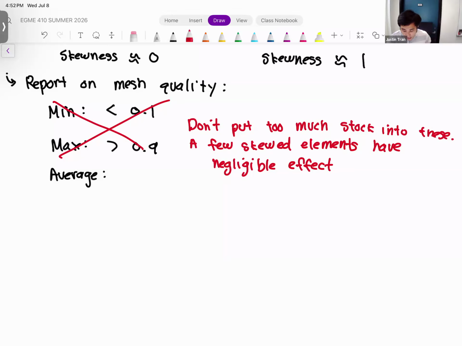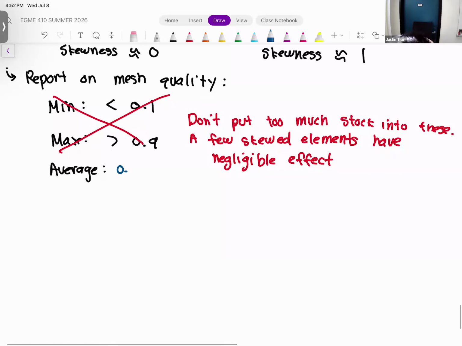Now the average can be useful, and so it'll report the average to you. Depending on the complexity of your geometry, the average skewness will probably be somewhere around 0.5 to 0.7. Obviously the lower skewness is better.